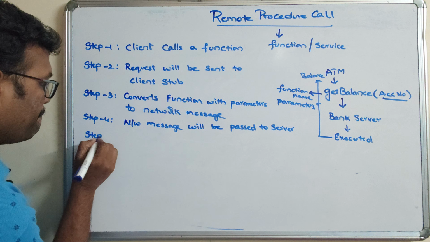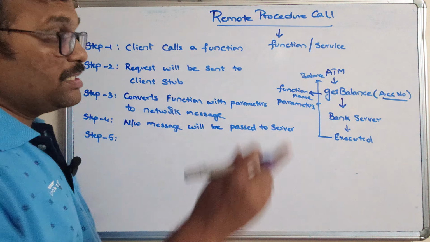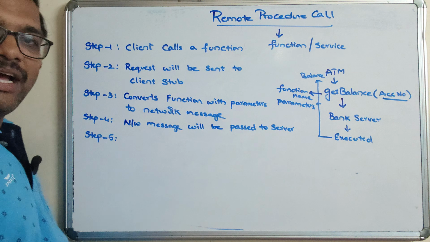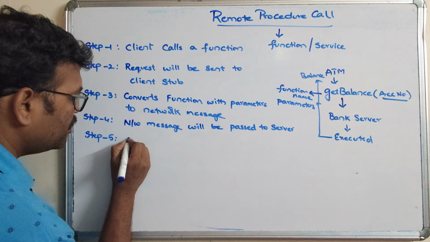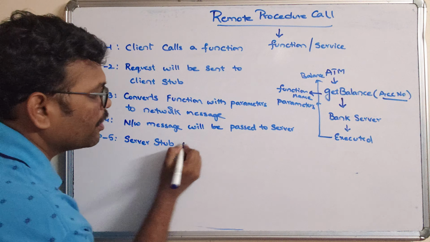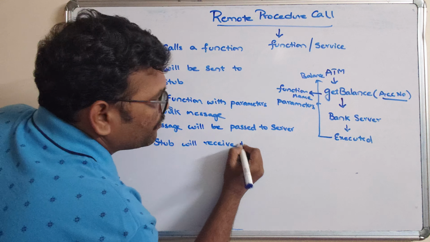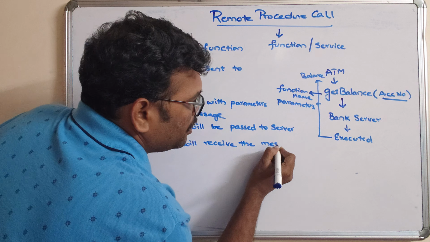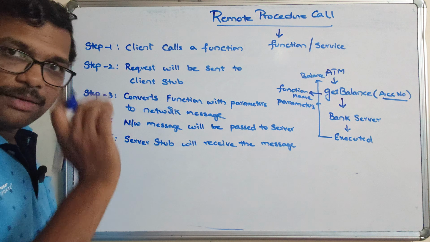So now what happens? Server stub will be giving the response for this one, right? So receiving the request, the server stub will receive the message. Whatever network message we are sending, that will be received by the server stub.